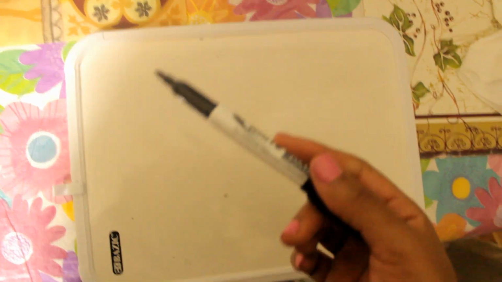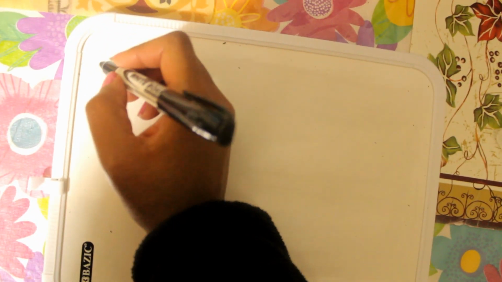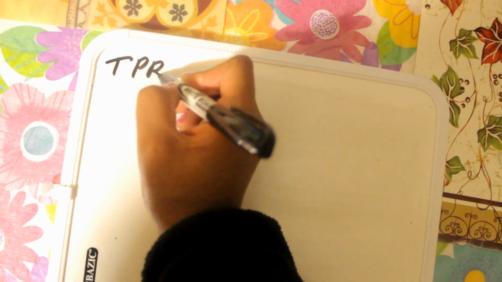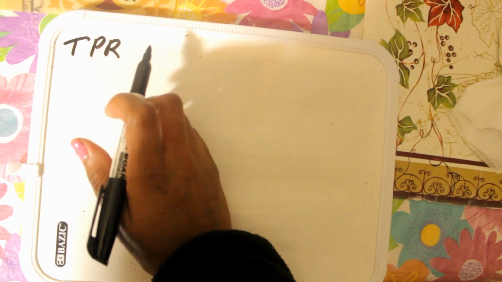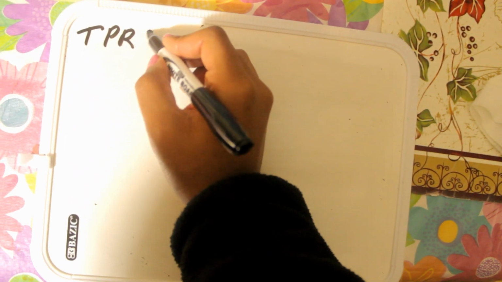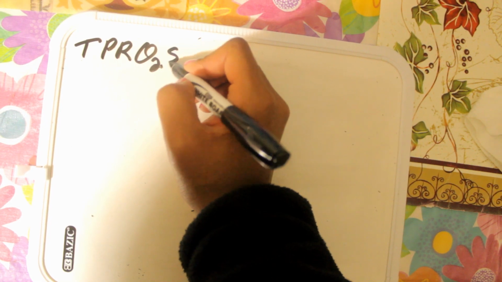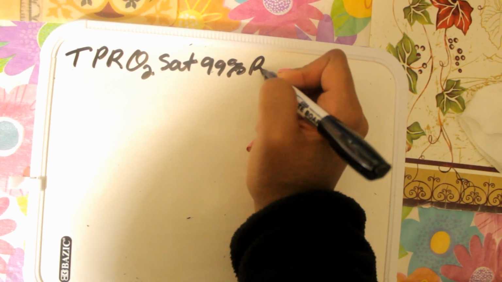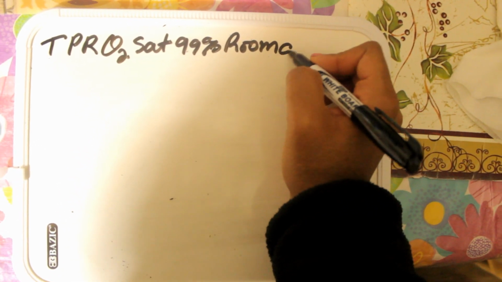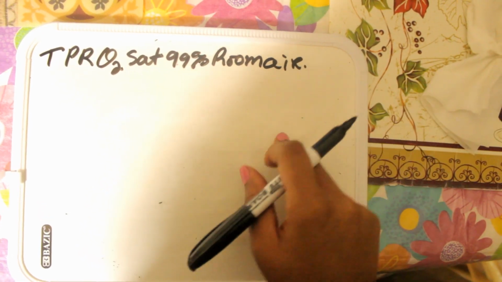This resident is on, I believe, antibiotics and hemodialysis, so we've got to make some notes on that. We're going to start with our TPR. I did that in the previous example, so I just won't write it out. But this time the patient's oxygen saturation is 99, and they are on room air, so they're not having any oxygen to support them.